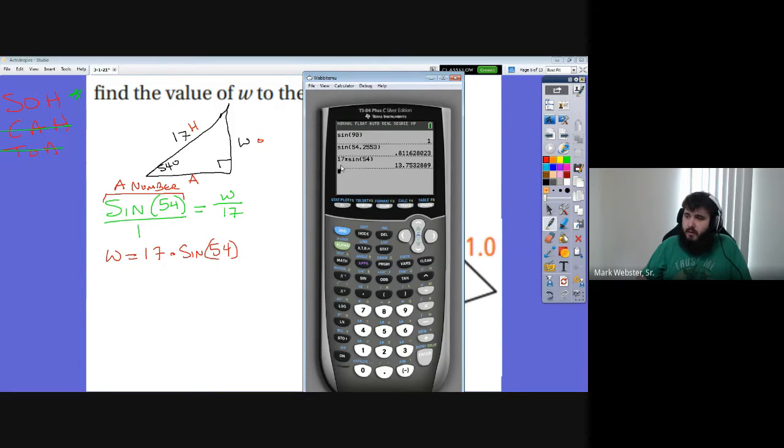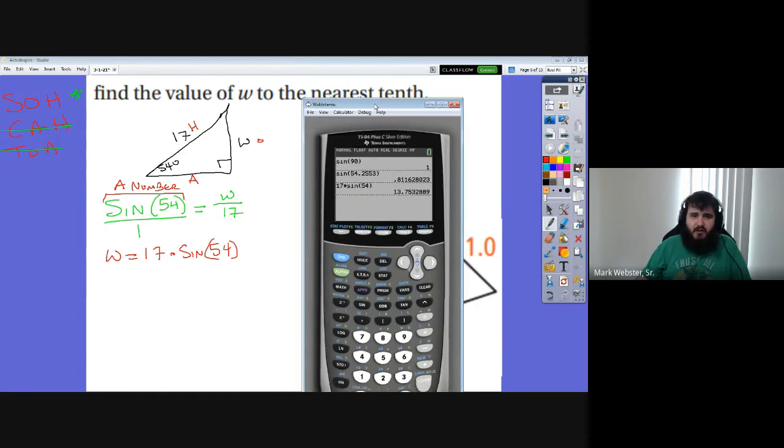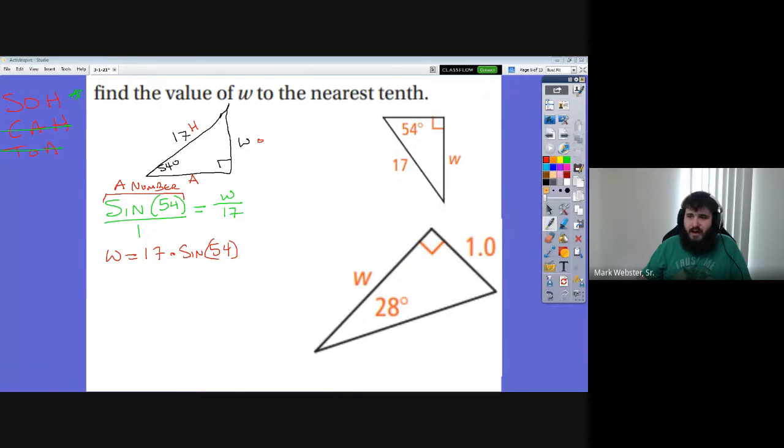So if our answer was supposed to be 17 times the sine of 54, then the answer that they're going to ask for, because it says to the nearest tenth here, I'm going to write it out. That's what the calculator gave us.